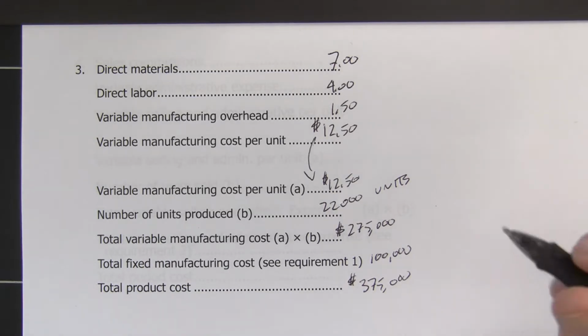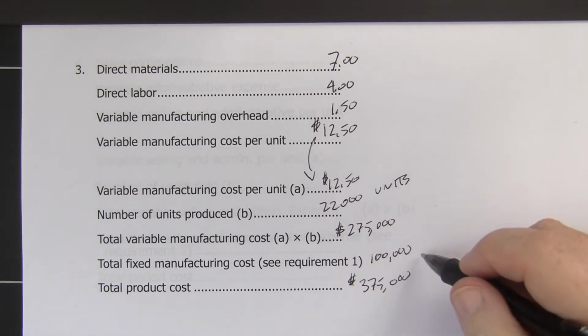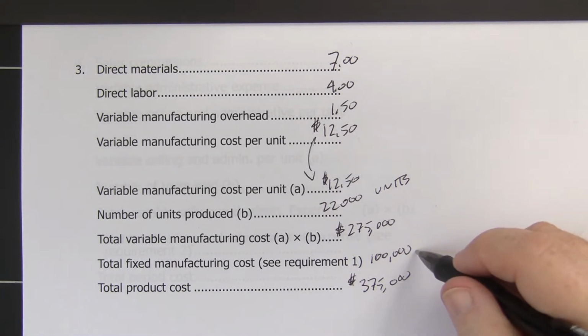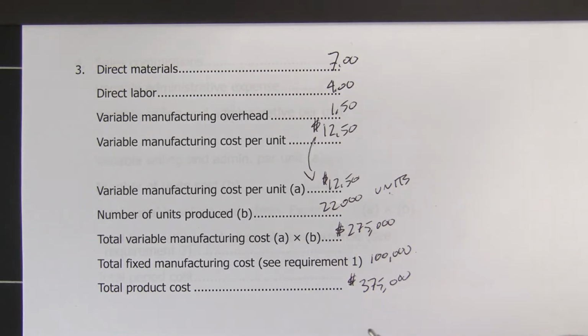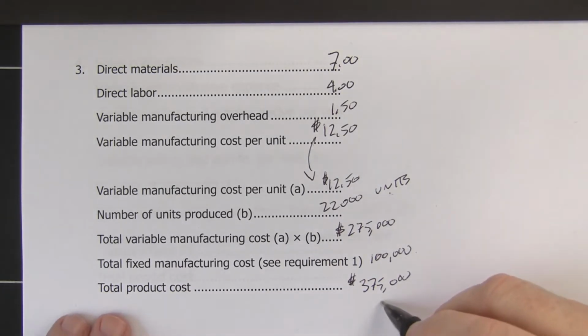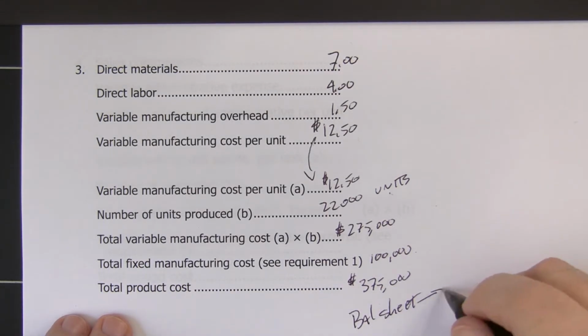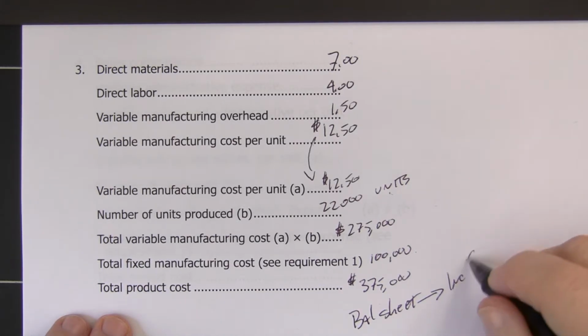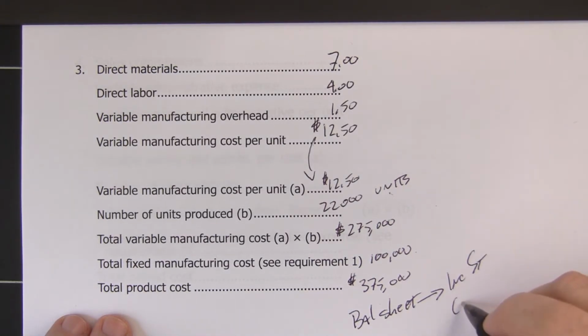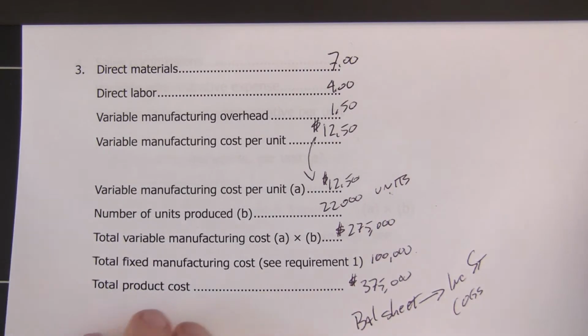It's just like the coffee cups, because our fixed manufacturing cost didn't change, but we got 2,000 more units produced for the same amount of fixed overhead. And again, this is product cost. This goes to the balance sheet first, and then goes to the income statement as cost of goods sold, but not until it's sold.